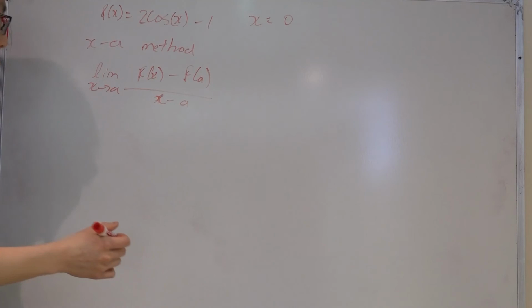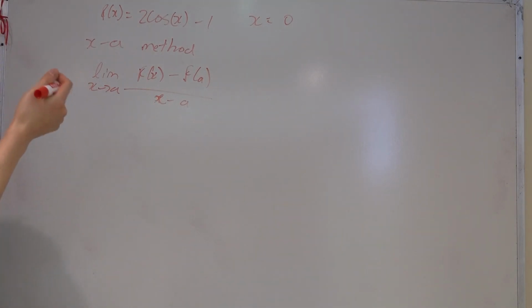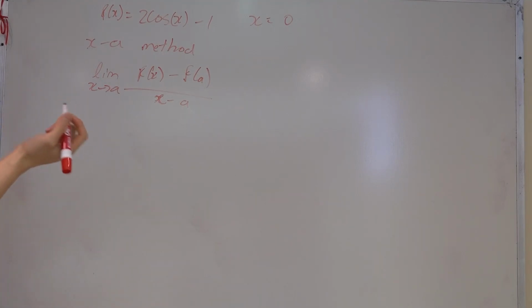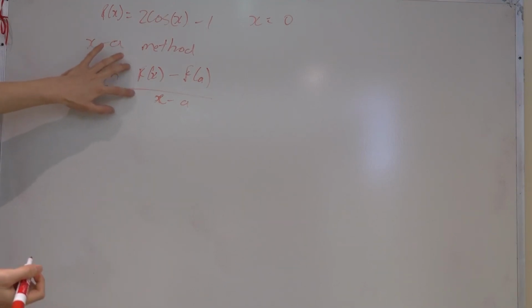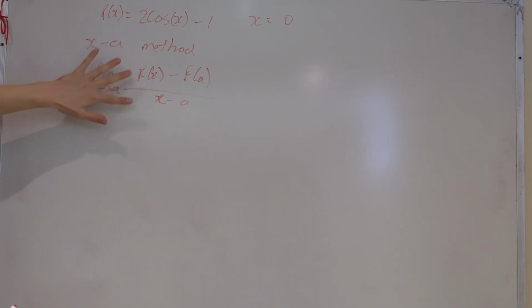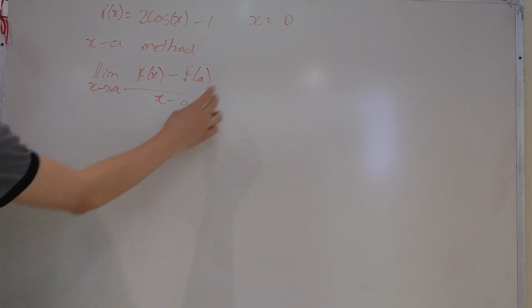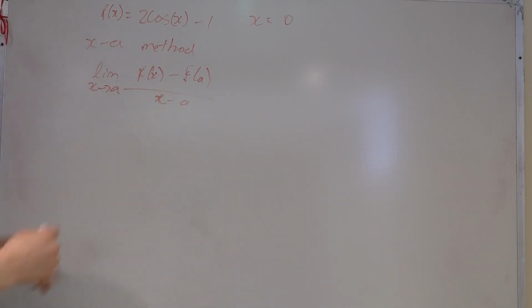I know it looks like I'm writing it way too fast for someone who has not done this in a very long time, but I promise you that as you get good with it, you're not only going to be able to memorize this formula, you're actually going to understand why it works if you didn't understand it the first time I presented it. Most people don't understand it the first time, but if you really think about it, you will see that this is literally saying this is the slope of the tangent line.